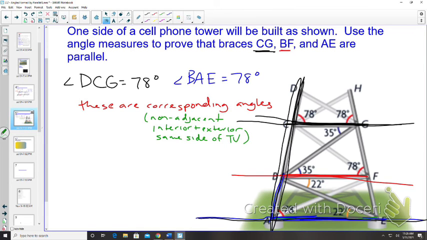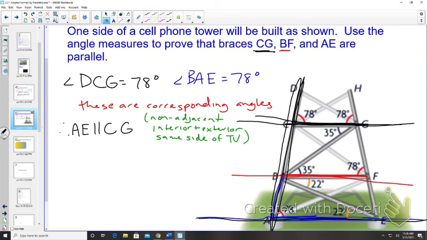Okay, so therefore line AE is parallel to CG. Right? We're okay with that?